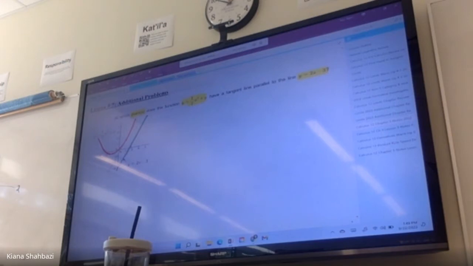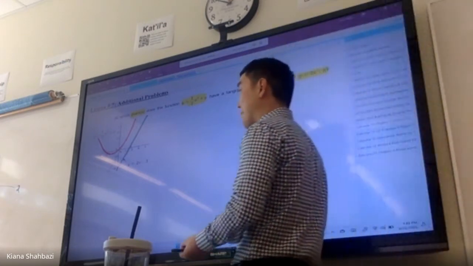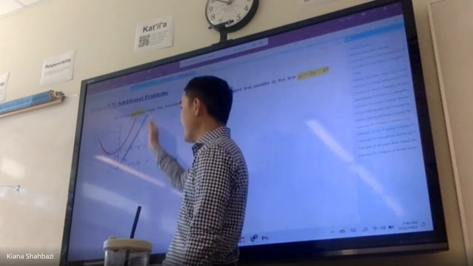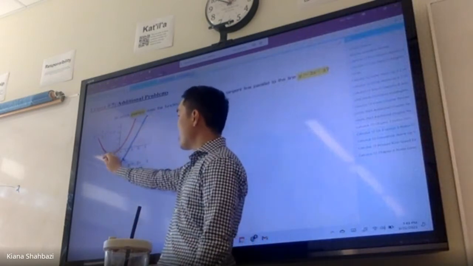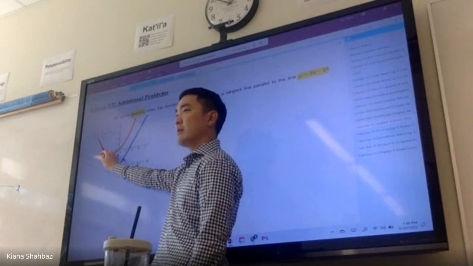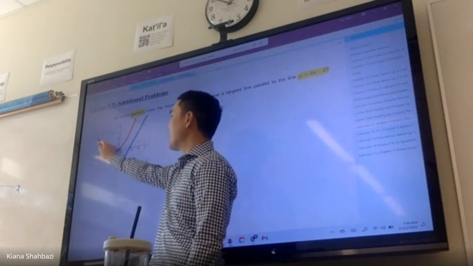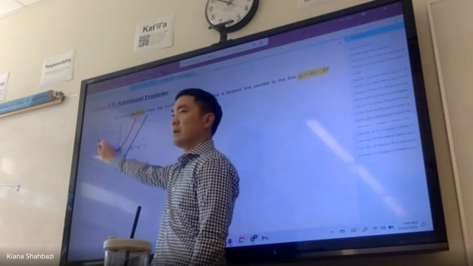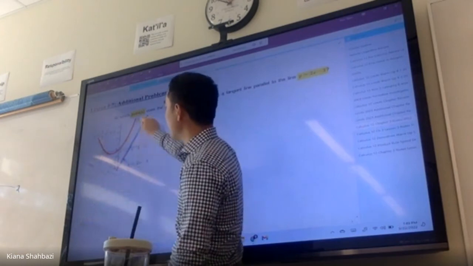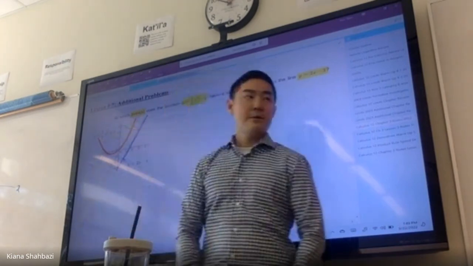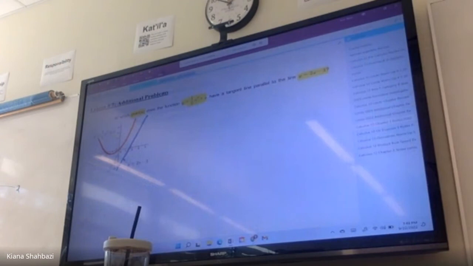Somewhere on that red parabola, there's going to be a point such that it's parallel to this line, right? If the point's over here, is that parallel to the blue line? No. Even over there, is this point parallel to the blue line? No. The point's probably going to be somewhere on this side of the graph. The graph tries to help you by pinpointing an approximation around there, and they draw this dotted line, which appears to be parallel to the blue line.